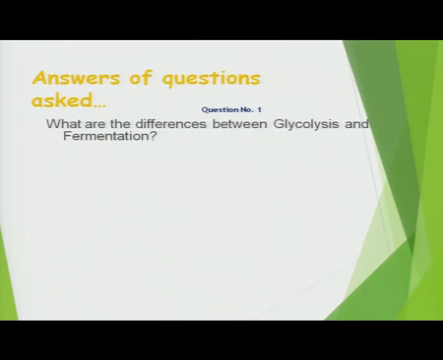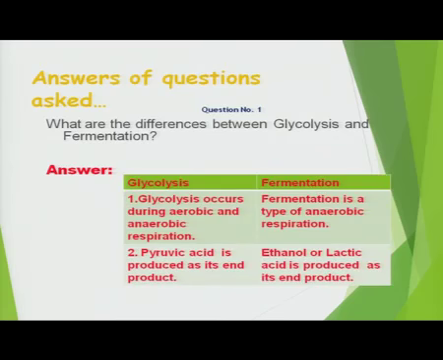My first question is, what are the differences between glycolysis and fermentation? The answer is, glycolysis occurs during both aerobic and anaerobic respiration. In both cases, glycolysis is the common way by which the process goes on, and fermentation is a type of anaerobic respiration.